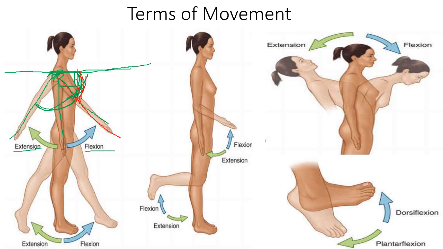Another example is the hip joint. If your leg is straight like this, you find that this angle is almost, let me say, 90. Then if you move your leg towards the front, this angle is reduced. So this is known as flexion. But when you move your leg towards behind, this angle grows.